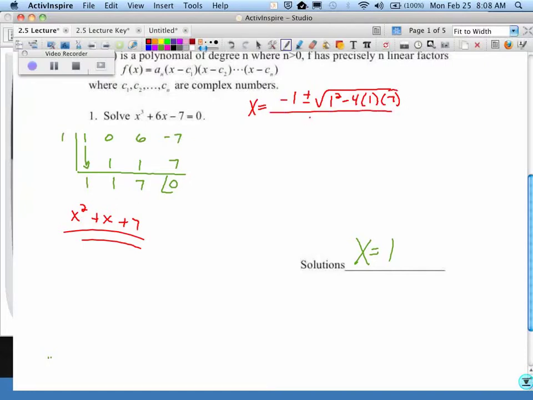So your a is positive 1, your b is positive 1, and your c is positive 7. So when you plug all this in, negative 1 plus or minus the square root. Do not type the square root into your calculator. Get the number first. So do the 1 squared minus 4ac. So I end up with 1 minus 28, which is negative 27, all over 2.